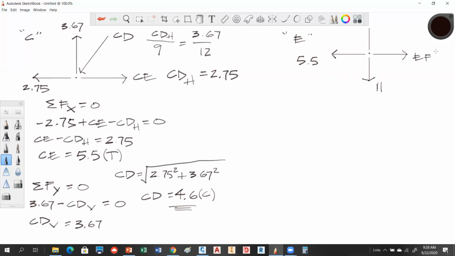How do I model ED? Up or down? What can I model ED as? This is E, D's up here.